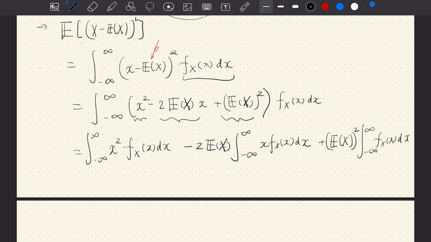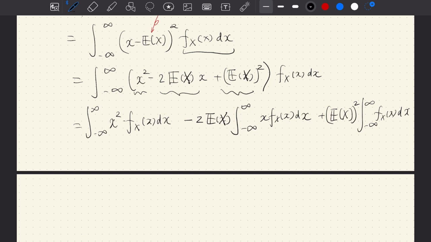Okay, so now we have three improper integrals, and let's look at how they can be expressed using expectation. For the first one, you're multiplying x squared by this small chunk of probability, right? So similarly, we can write this as the expectation of X squared.